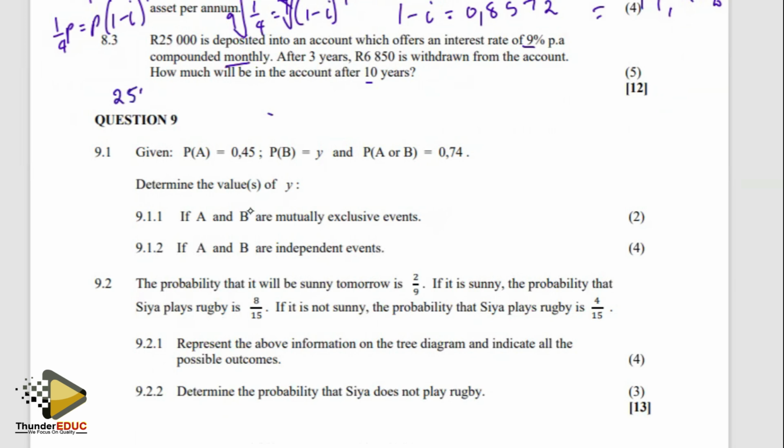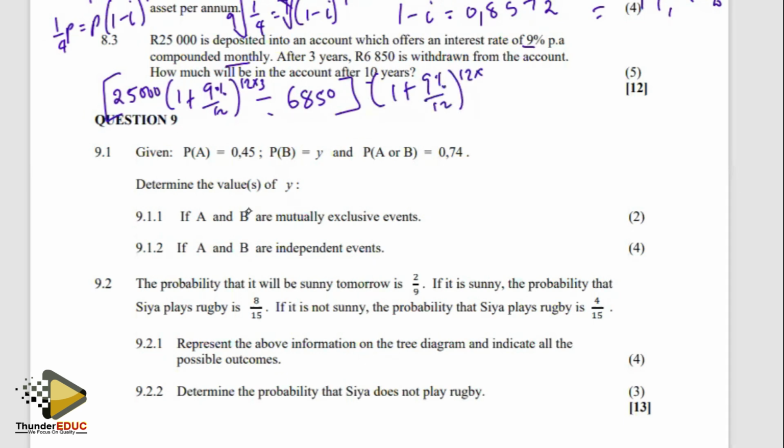So we know that the 25,000 must grow for the first 3 years. That's 9% over 12, that is 12 times 3. The answer we get, let's subtract 6850. Whatever will be left will now grow for the remaining period of 12 times 7.